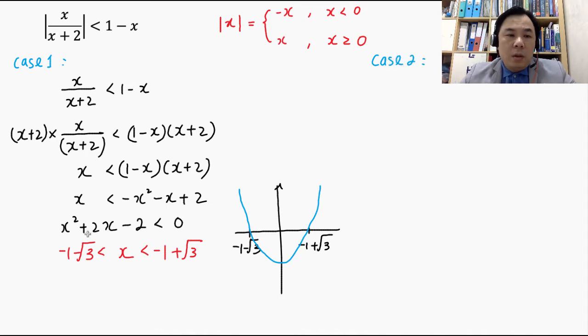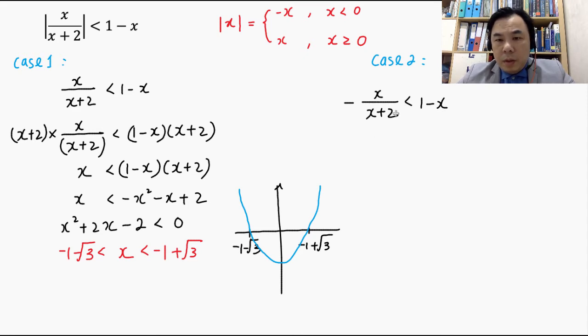Case 2. By referring to case 2, I am considering x, the second case here, negative. From here I can perform the same trick that I did in my first case, by multiplying both sides by x plus 2.